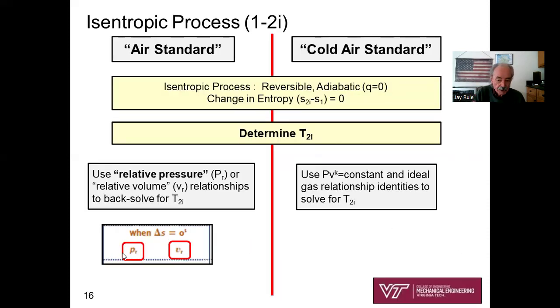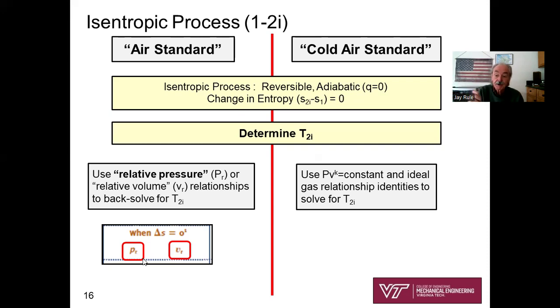What I didn't put on the sketch was that there's a special relationship for isentropic processes, and that is PR2 over PR1 equals P2 over P1. I don't have it on the slide, but just think what I said. You have P2 and you have P1. That's the right-hand side of the equation. You just looked up PR1.